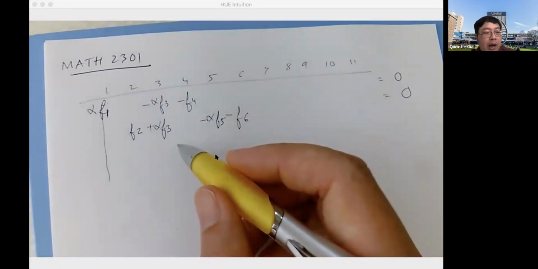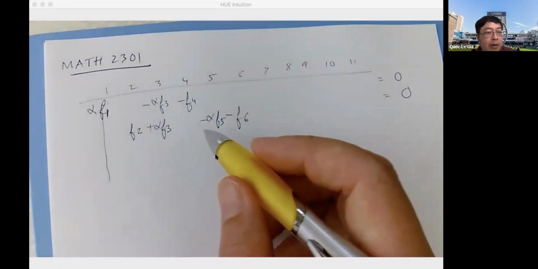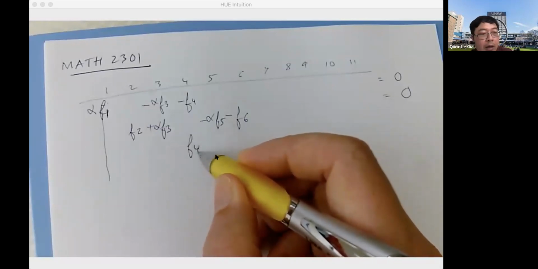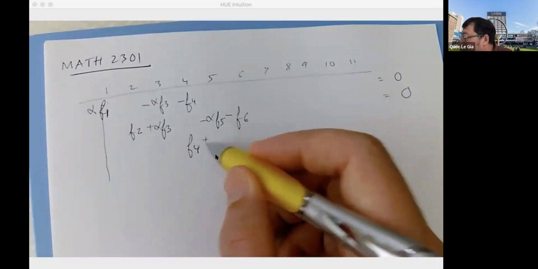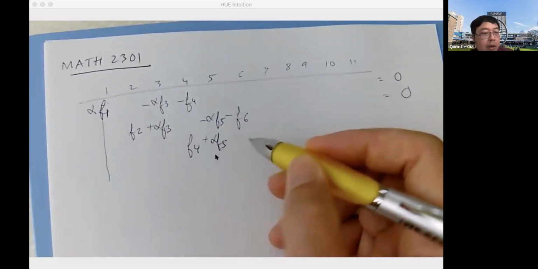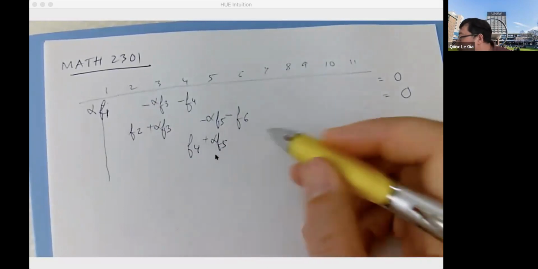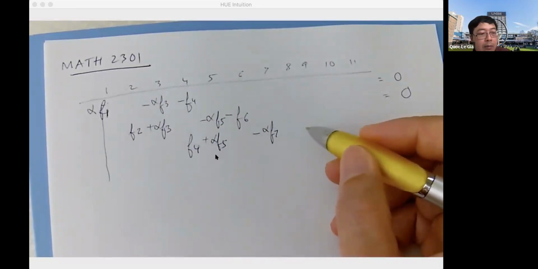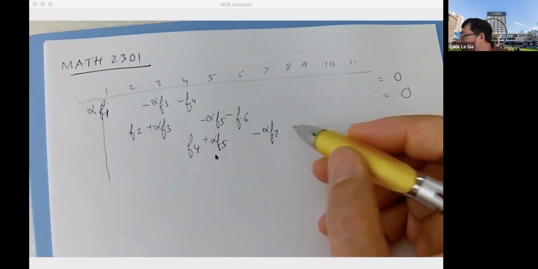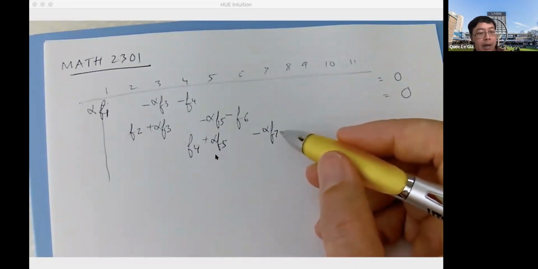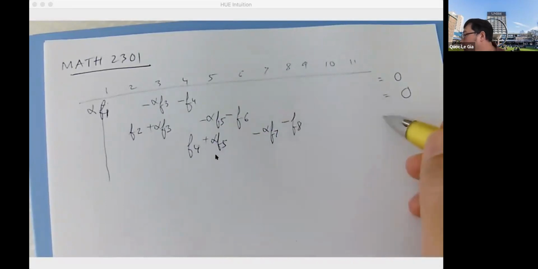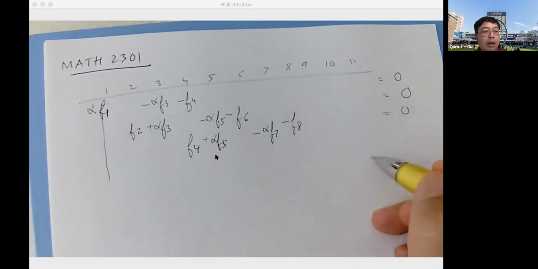I continue: F4 plus alpha F5, minus alpha F7, minus F8, equals 0. So this is the third equation.